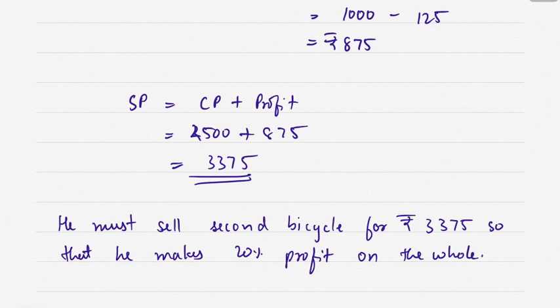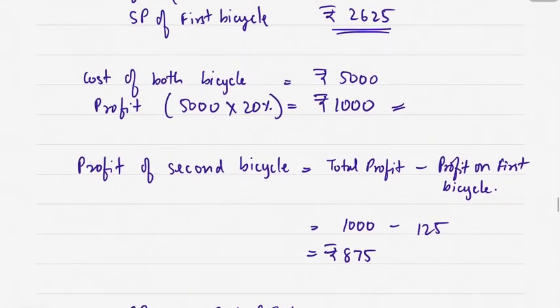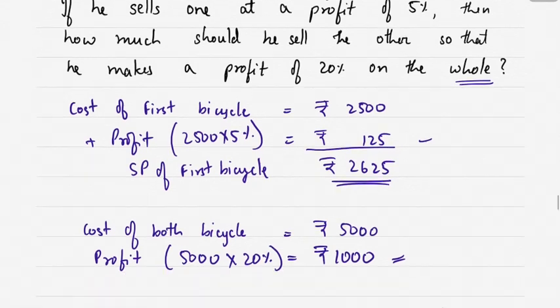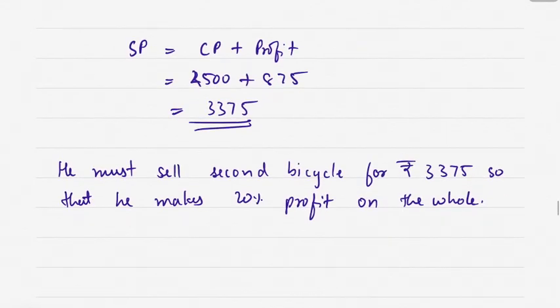Okay, same question, if they have asked how much percent then how much should he sell? A man bought 2 cycles for 2500 each. If he sells one at a profit of 5%, then how much should he sell the other so that he makes a profit of 20% on the whole? I think here whether rupees is asked or percentage is asked is not very clear. Okay, fine.